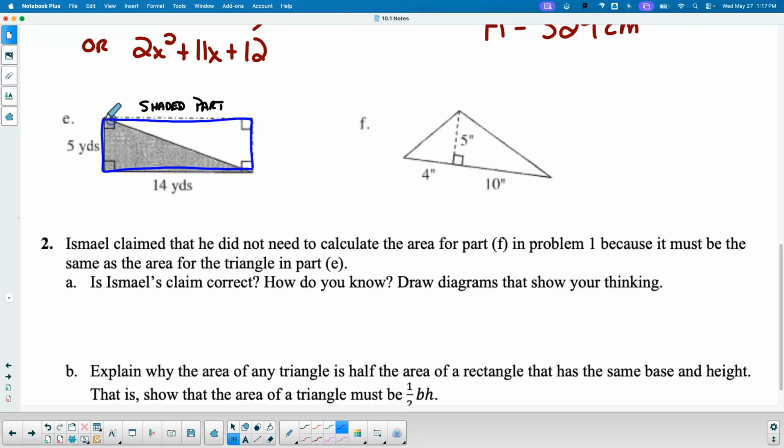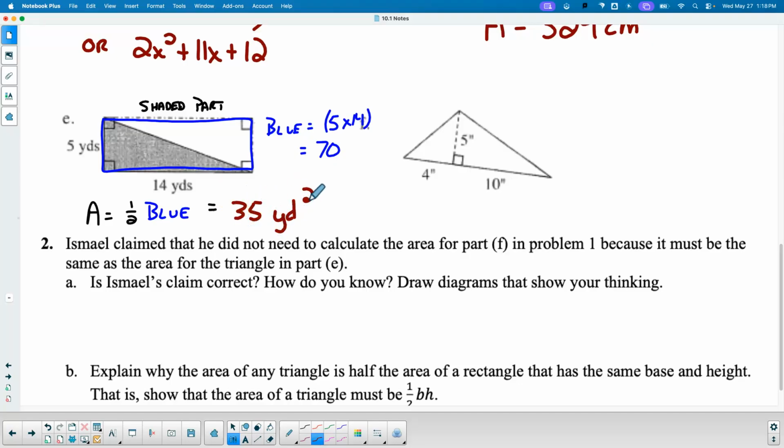Half of it? So we get 35 square yards there.